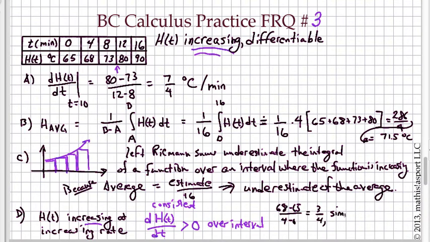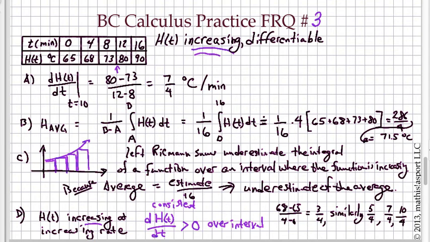Similarly, for the remaining estimates, this was useful over the 0 to 4 interval. For the next interval, that 4 to 8 interval, we would get a rate of change of h of 5/4, and then 7/4, and lastly 10/4.